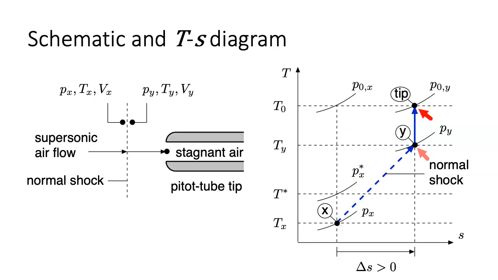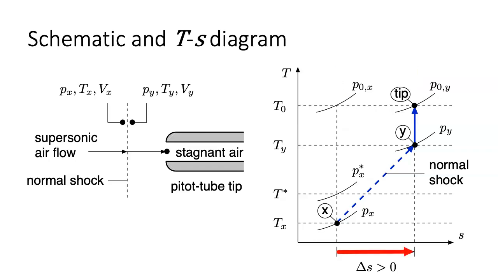Note that because this is an adiabatic process, even for the shock, the stagnation temperature and critical temperature at Mach 1 are both constant. Also note that because the process is assumed isentropic before and after the shock, these conditions all lie along vertical lines.